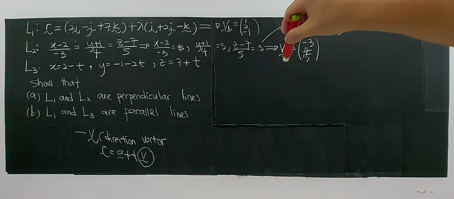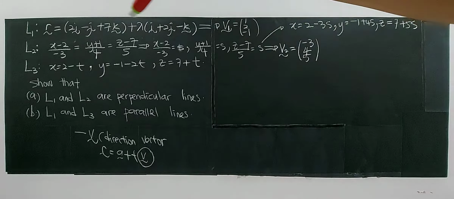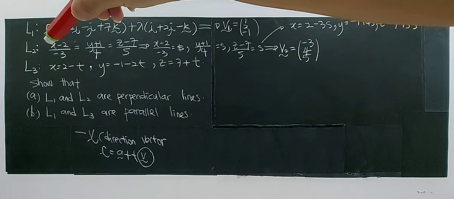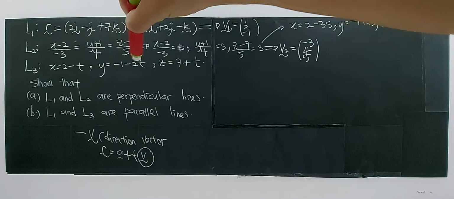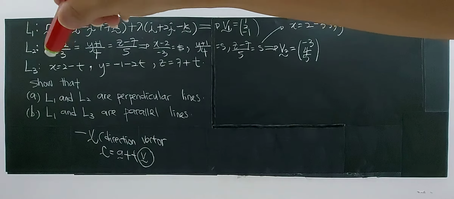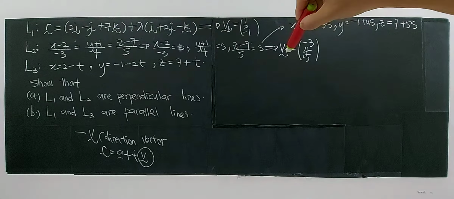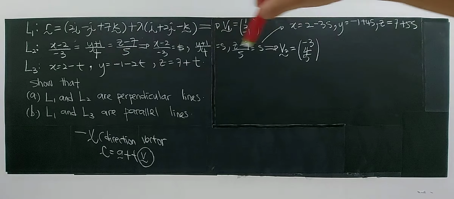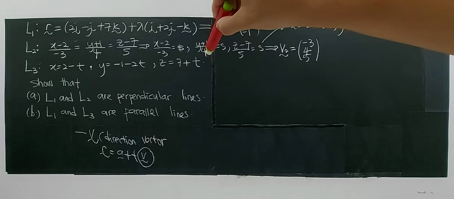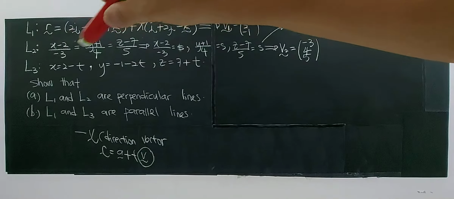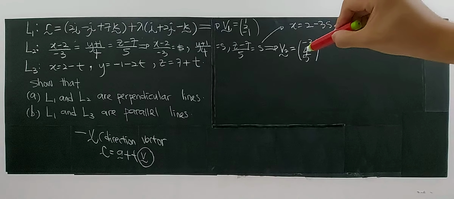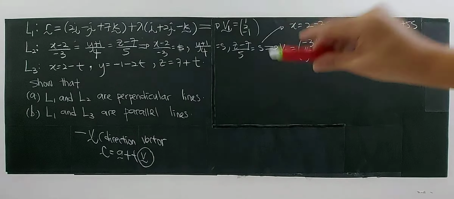Sometimes students, when they are already expert, can directly take the numbers in the denominators here: -3, 4, and 5. This is even faster, but you must be careful.